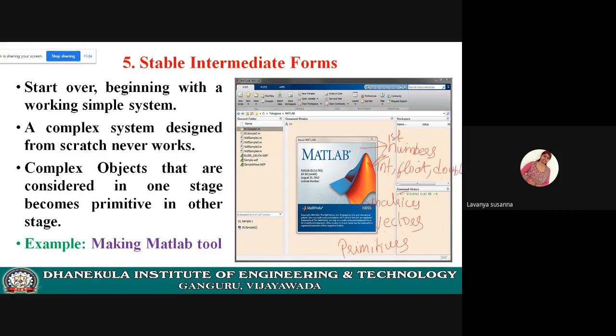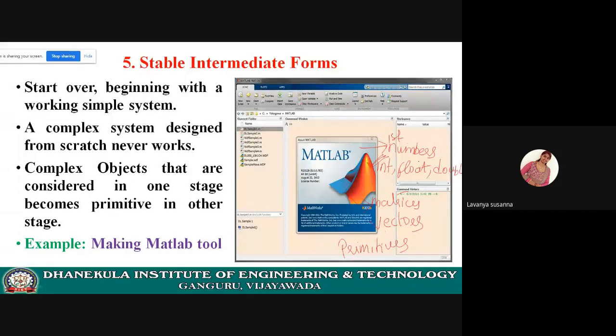Again, I am repeating. See here, stable intermediate forms. Stable intermediate forms means, to build the complex system, you must mature from the first stage to another stage. This is called an intermediate form. What is an intermediate form?